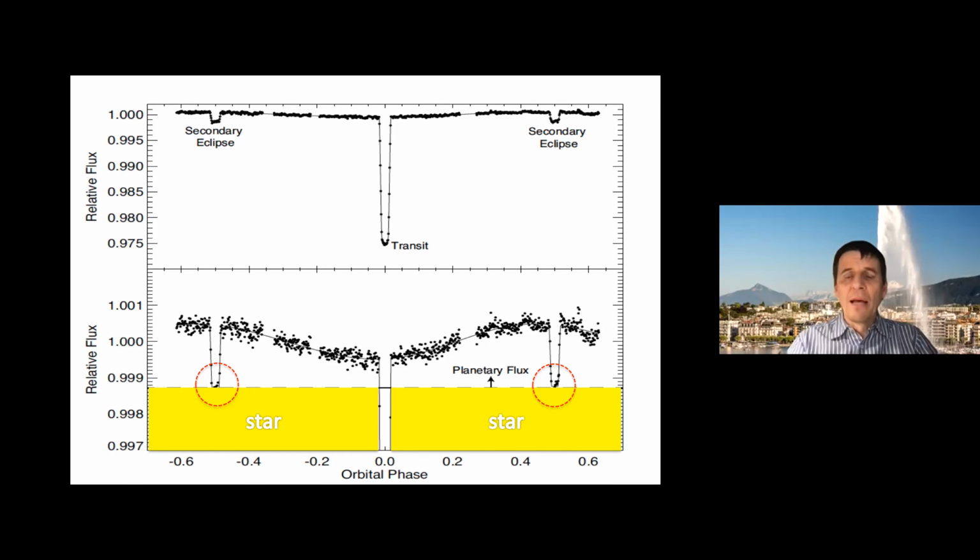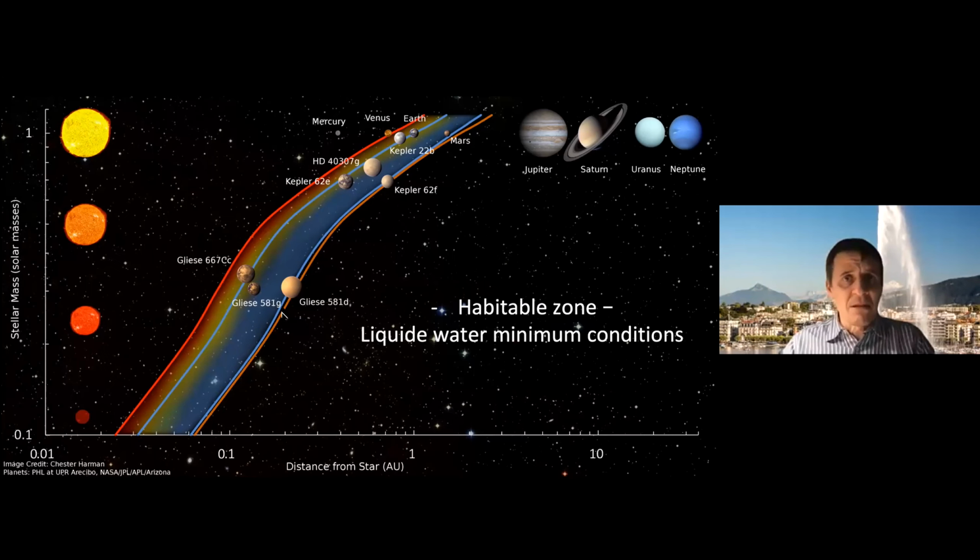exoplanets. Well, let me introduce a concept that has been around since almost the end of the 60s, which is what's called the habitable zone. You can compute a region on the orbit in the solar system where you can move the Earth around and still retain liquid water. It's called a liquid water minimum condition.